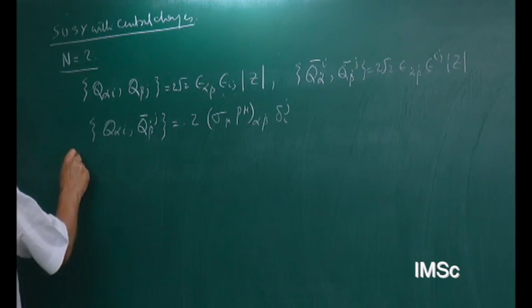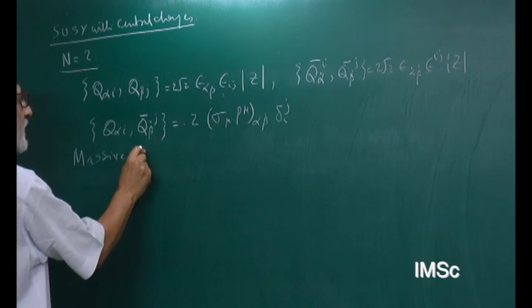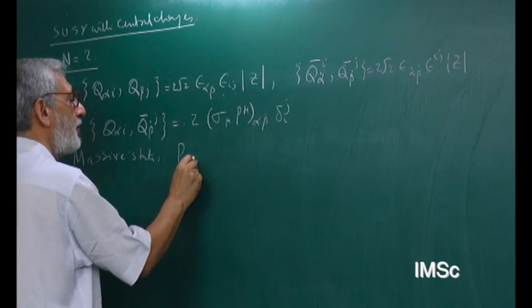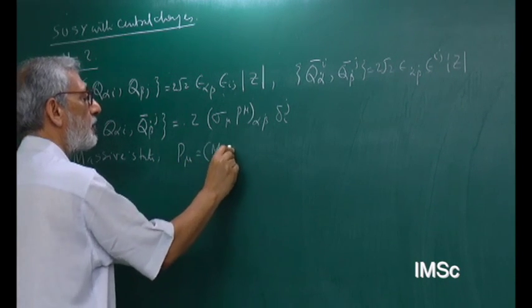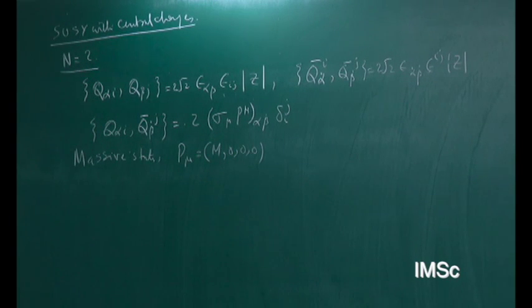So, massive multiplet. Massive states means I can choose P mu to be M 0 0 0, the rest frame, for every one of them. It's real. We argued that Z is real.